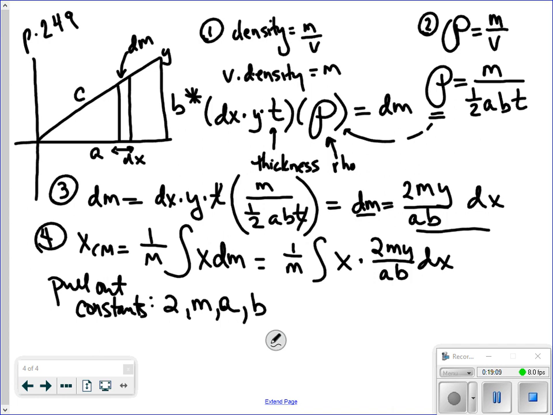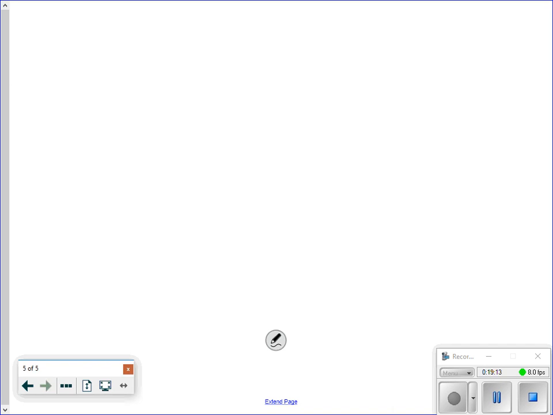Oh, I'm going to need a new page. All right, move out of the shadows. Let's move on to a new page. So we're going to pull out those constants, and what I'm going to end up with here, call this number 5. I'm pulling everything out from what I had before. I still have my 1 over m from before, times, now what was over there? The 2 and the m were on the top of the fraction, and on the bottom, we had a and b.